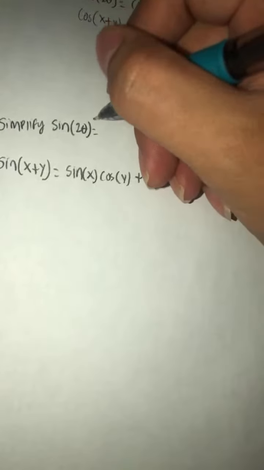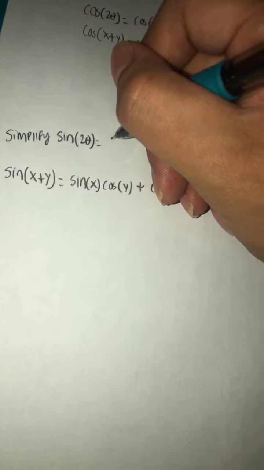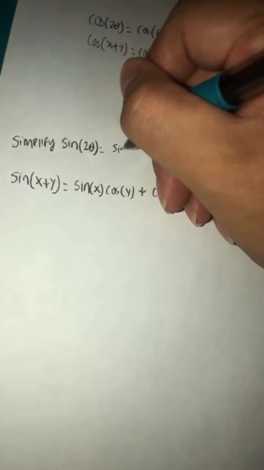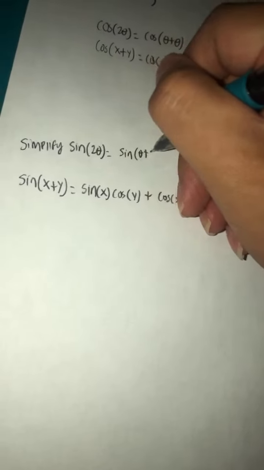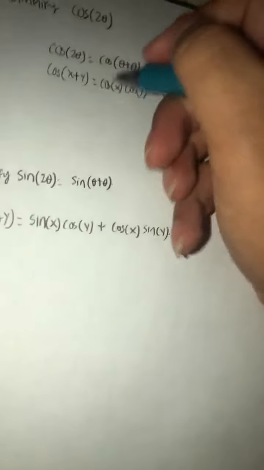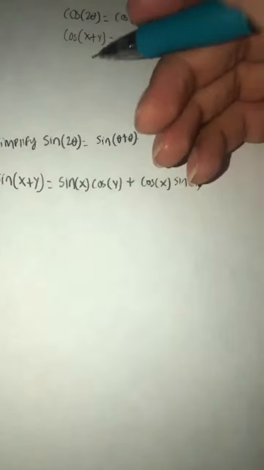Now, as far as sine of 2 theta goes, we can say that this is the same thing as sine of theta plus theta, kind of like I did up here. I'm going to do cosine of 2 theta in a little bit, but I want to make sure we understand why it's equal to 2 sine theta cosine theta.